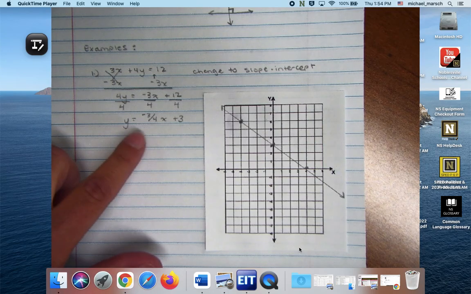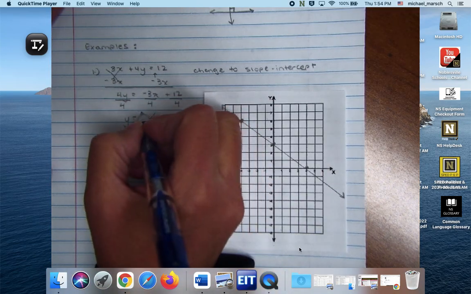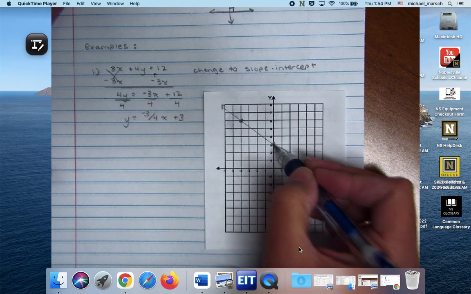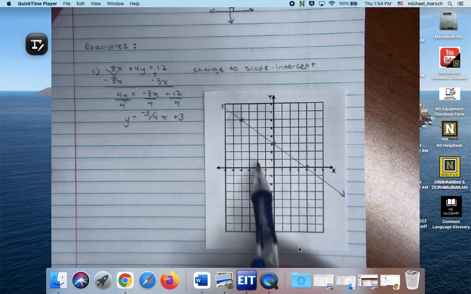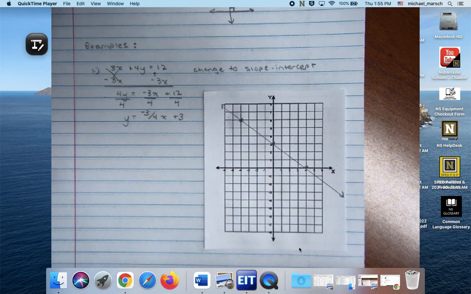Right, so my slope is negative 3 over 4 and our y-intercept was the 3. So we plot it at the y-intercept. Down 3 over 4, up 3, back 4, because we have to go in the opposite direction.